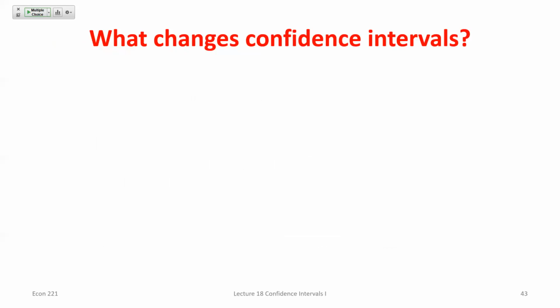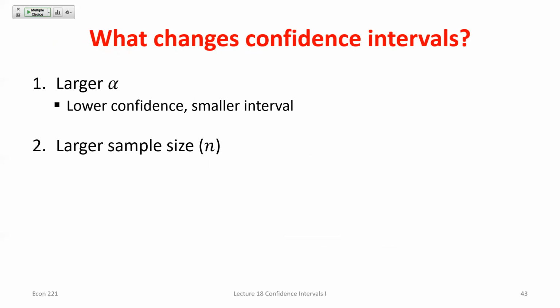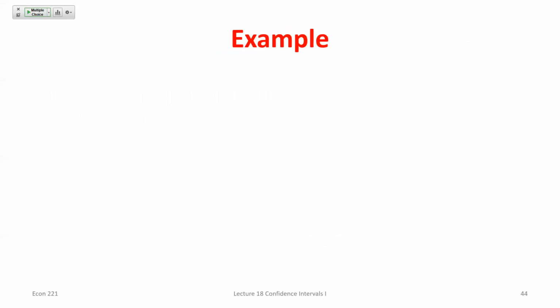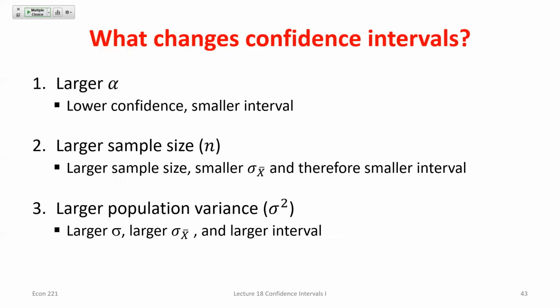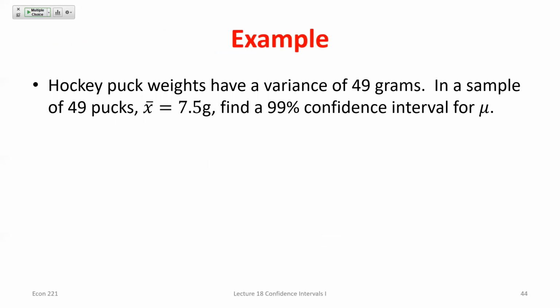All right. So where are we at on time? Well, I want to make sure we work through an example, and then I'll come back to this if we have some time. So let's say I've got this hockey puck production, and maybe I'm providing for the NHL or something. So I'm really concerned to make sure that the weight is correct, right? Now, this is where it gets a little goofy.